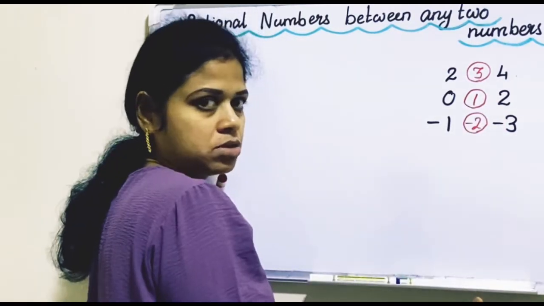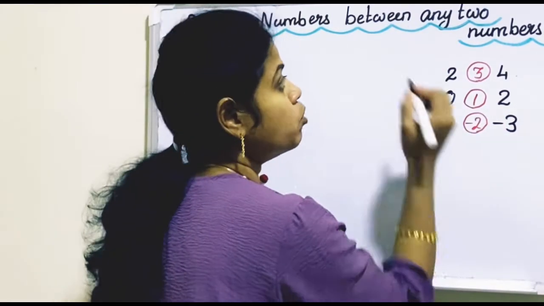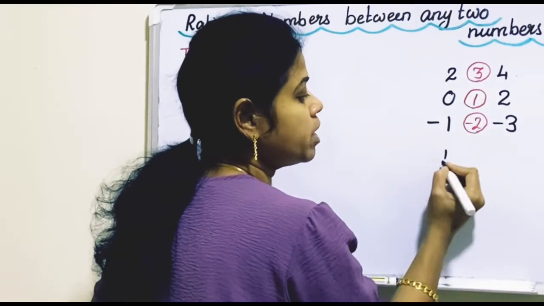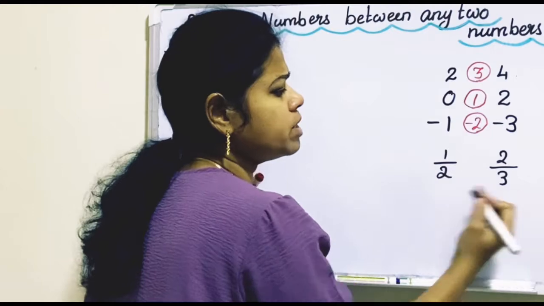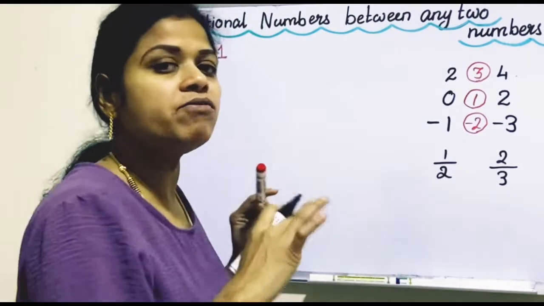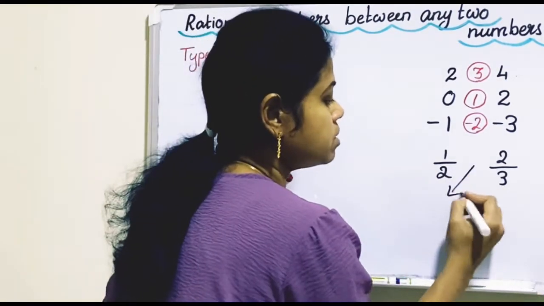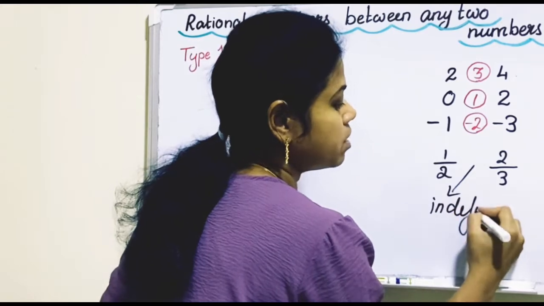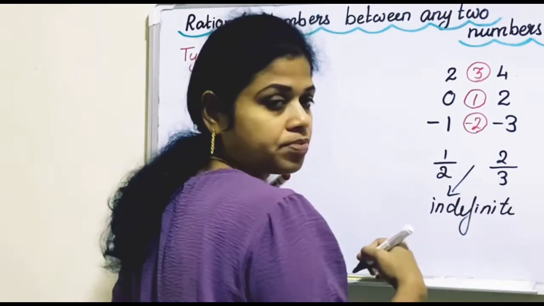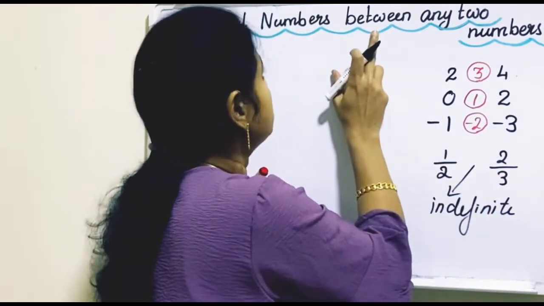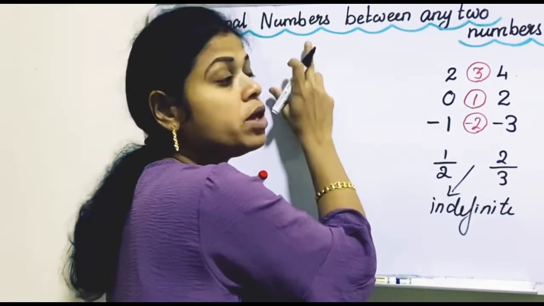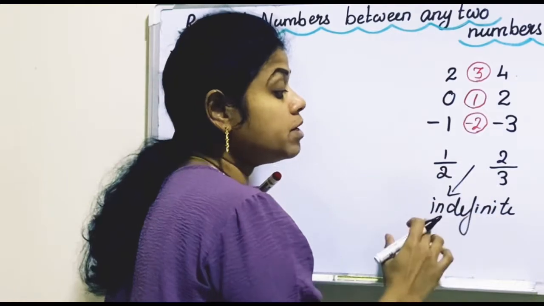There will be definite numbers in between natural numbers, whole numbers or integers. But if you take two rational numbers, in between these two numbers there are infinite, or you can say indefinite, numbers.